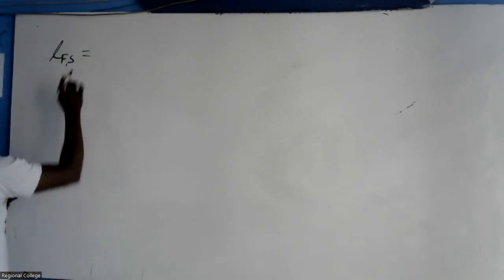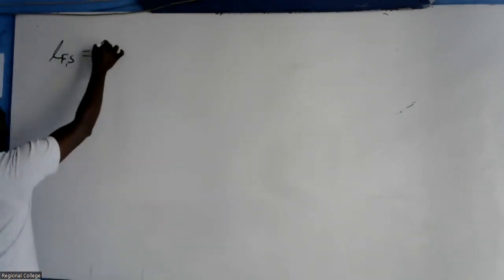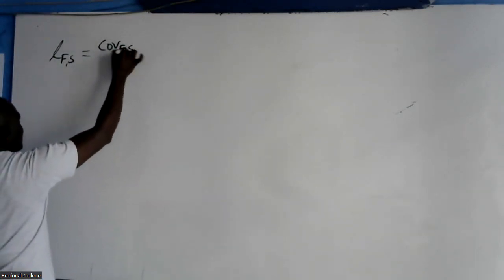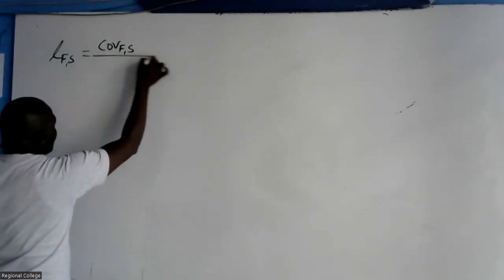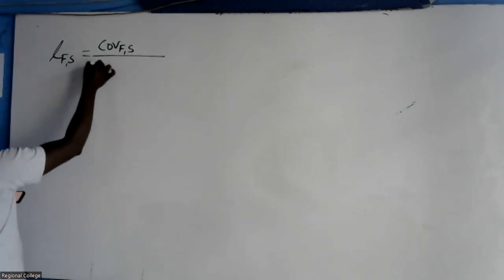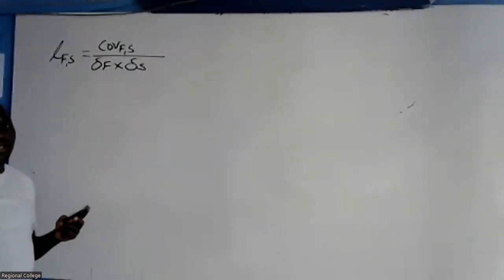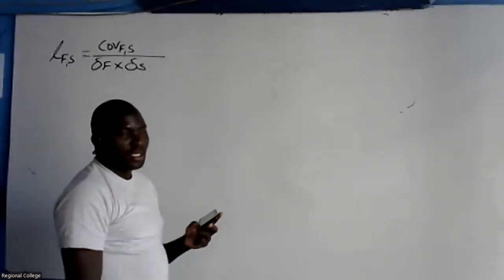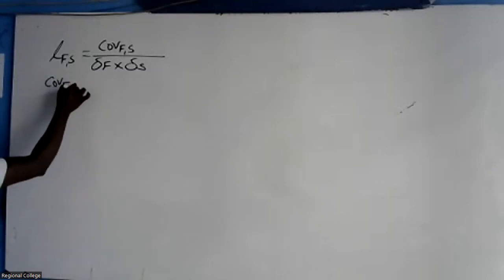The correlation coefficient of the first, let's call it F, and the second, S, equals the covariance of FS divided by the standard deviation of F times the standard deviation of S. And how do we get the covariance of FS?